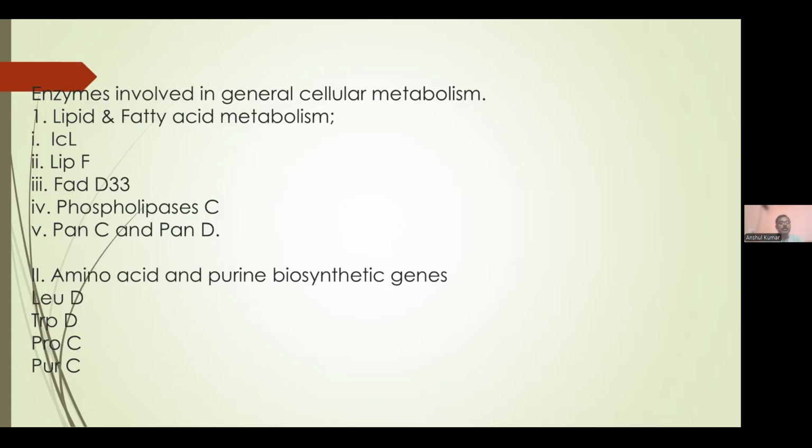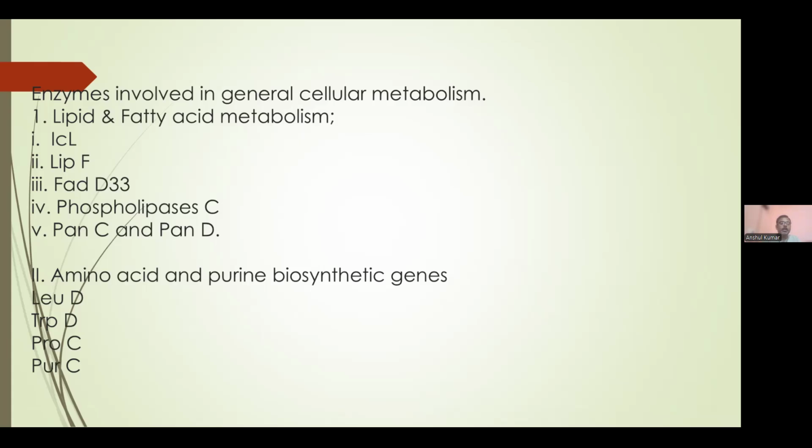Next is the amino acid and purine biosynthetic genes. Basically, the important amino acid and purine biosynthetic genes are LEUD, synthesized by RV2987C, then TRPD, synthesized by RV2192C, then PROC, RV0500, then PURC, which is synthesized by RV0780.